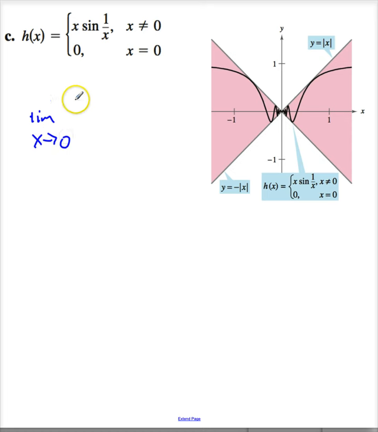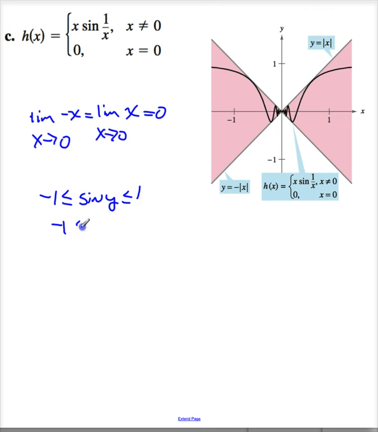So the limit as x goes to 0 of negative x is equal to the limit as x goes to 0 of positive x, which is 0, and negative 1 is less than or equal to sine of y, which is less than or equal to 1. So negative 1 is less than or equal to sine of 1 over x.